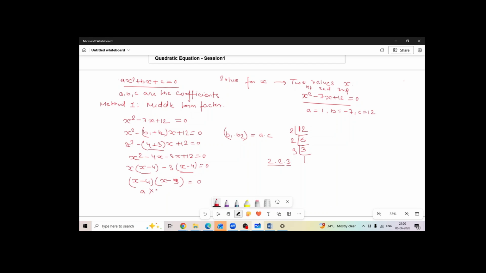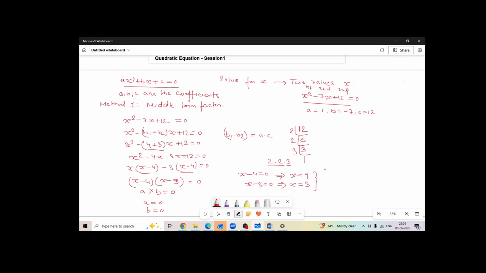Now if the product of two numbers is 0, we can say a equals 0 or b equals 0. So in the same way, we'll equate x minus 4 equals 0, which gives us x equals 4, and x minus 3 equals 0, which gives us x equals 3. So these are the two answers or solutions for x for this quadratic equation.